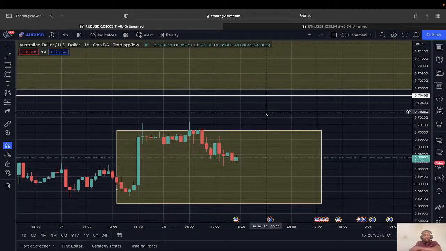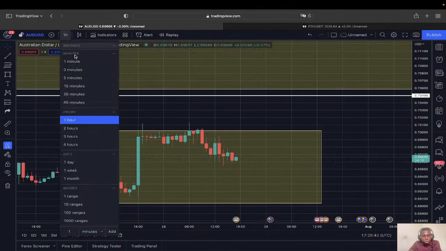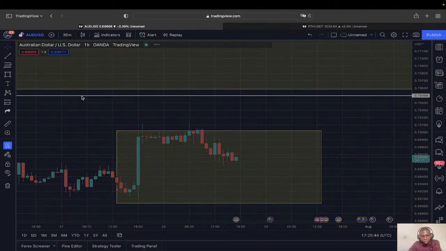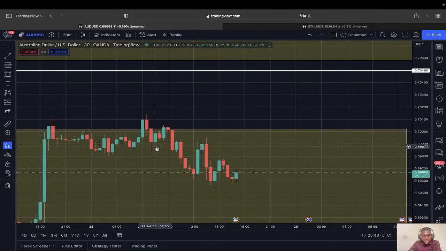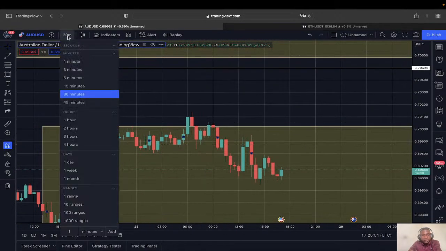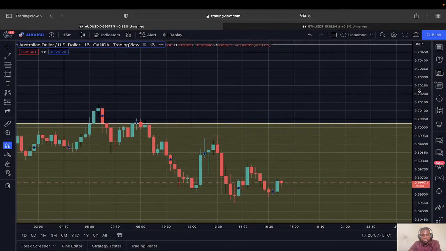Currently the momentum on this 1 hour chart is momentarily going down. So now you go to the 30-minute time frame to see what is also happening here. Then you go to the 15-minute time frame and look at what is happening.